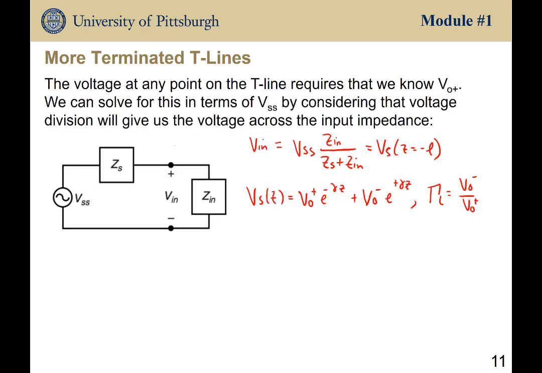So solving this for V0 minus, V0 minus is equal to the reflection coefficient times V0 plus. And I'm going to replace that there.